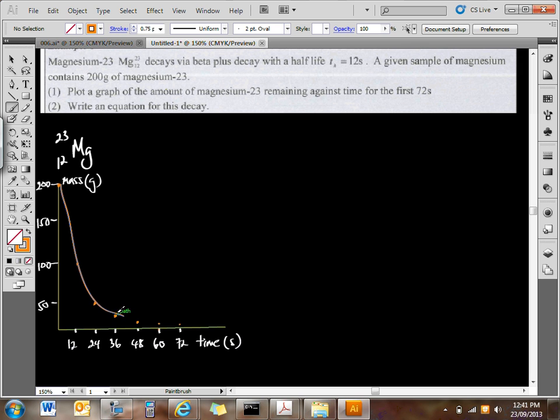I'll leave that like that. I don't know whether this program has an exponential curve function. That'll do. Hopefully you can do something better than that. It should be exponential.